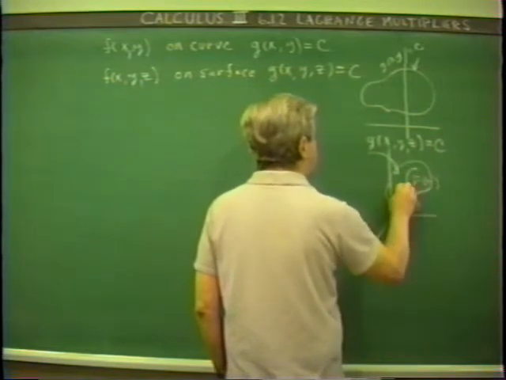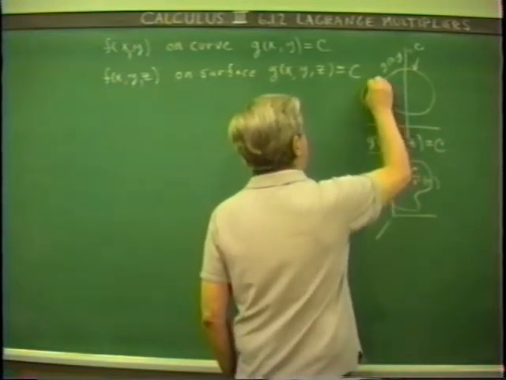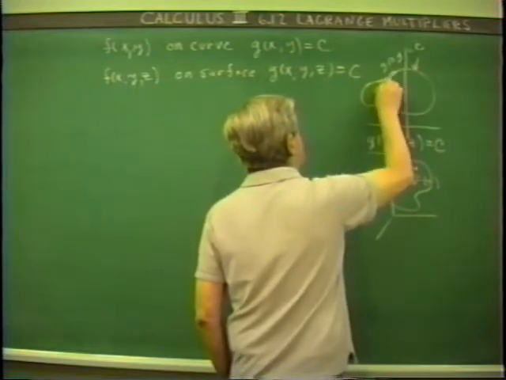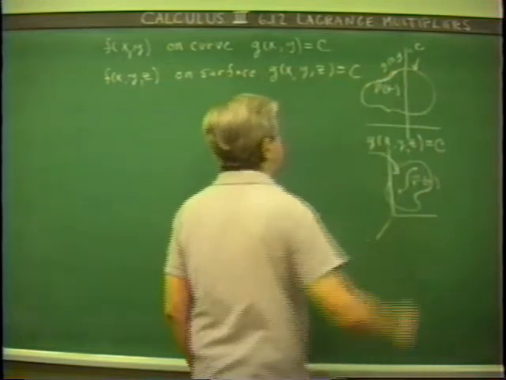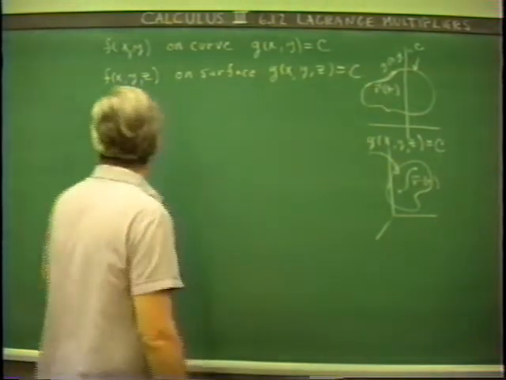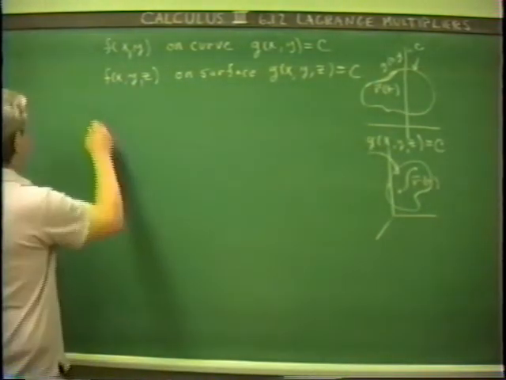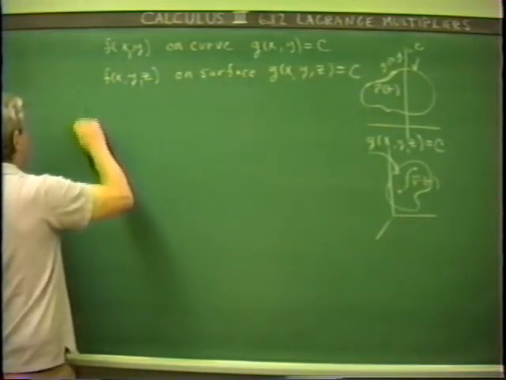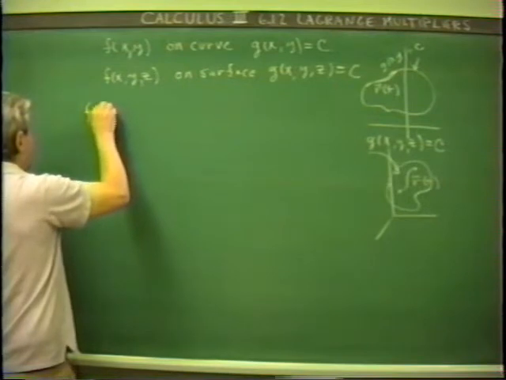The idea is to, in either case, look at r of t, a parametrization of a curve that lies in the surface, or in this case here, r of t, a parametrization of a curve that runs along this given curve.